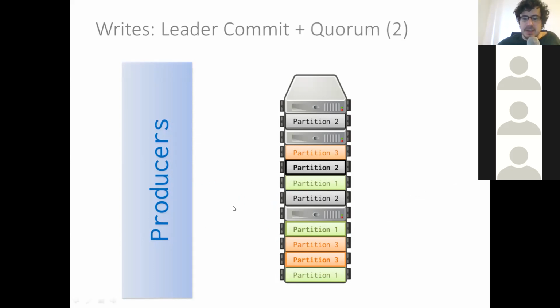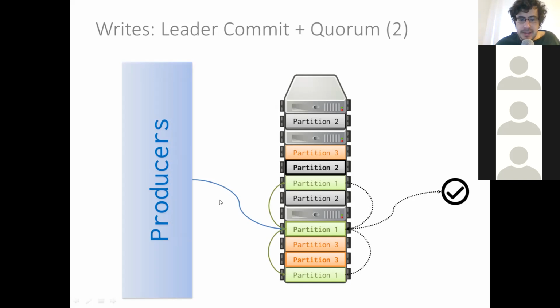Okay. The third option is commit plus a quorum. We can set the quorum to whatever we like, but here we'll have a quorum of 2. What this means is that we want the leader to commit, and we also want 2 other machines to commit. In this case, it happens to be the number of replicas. So what we expect is the producer sends the write, then the partition will send the write, whatever the record is, to the replicas of the partition.